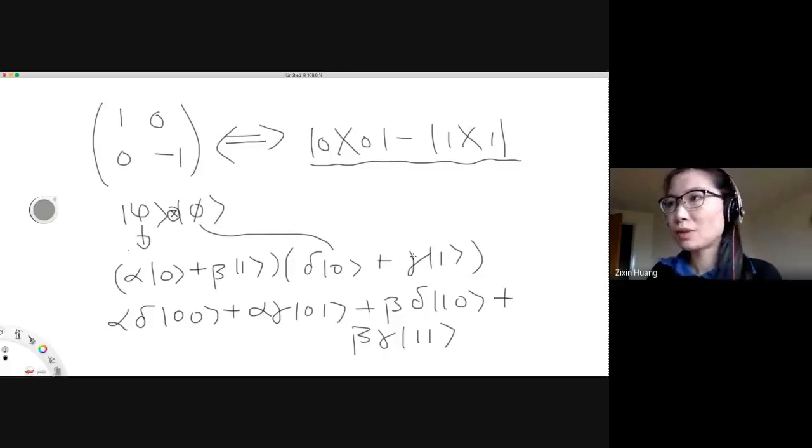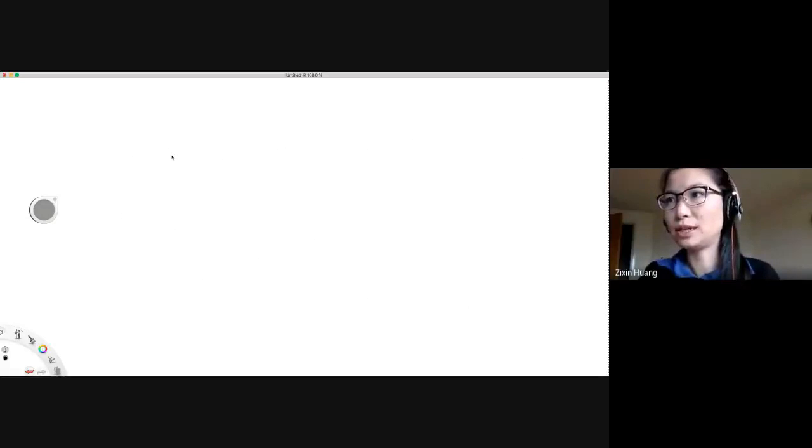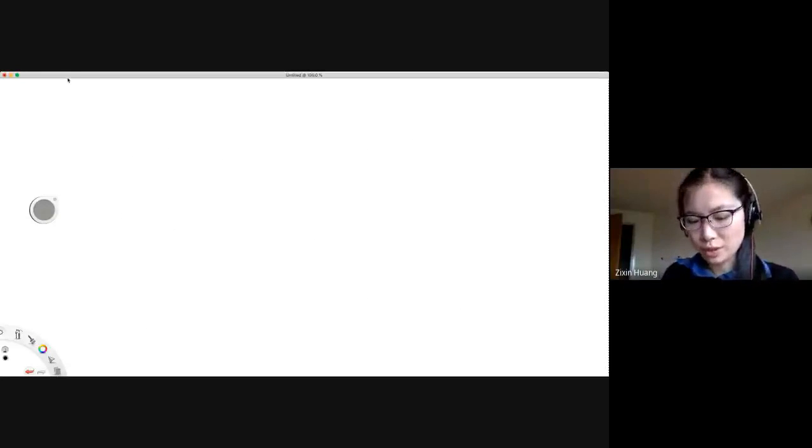Now, as we're discussing, the operators are meant to be matrices, right? So if you want an operator acting on a qubit, you need something that is 2 by 2.